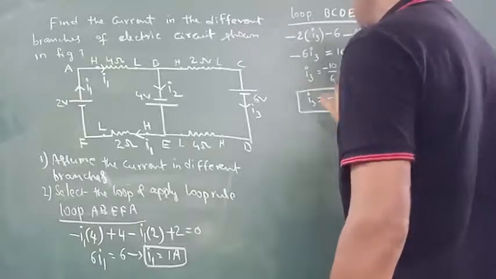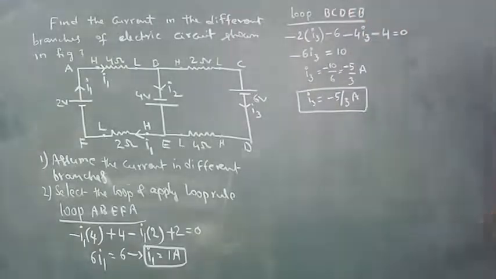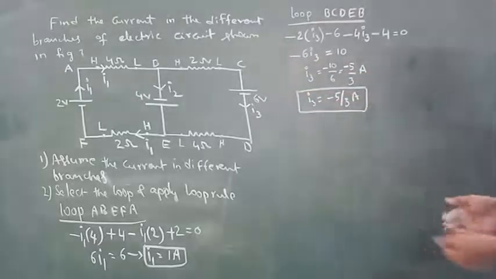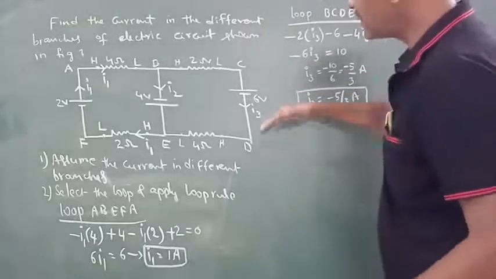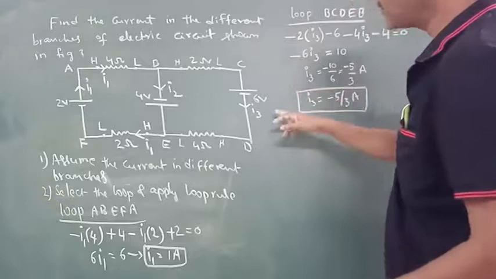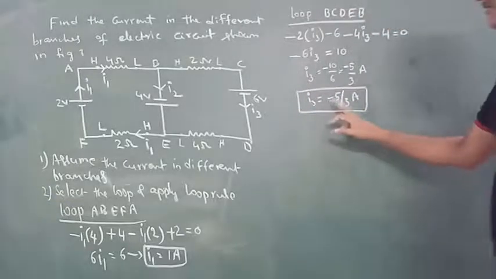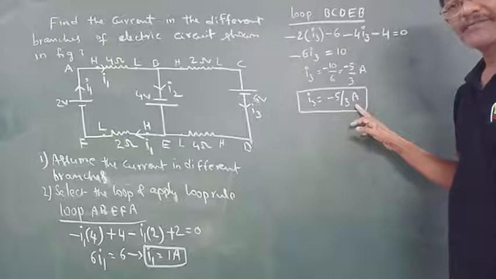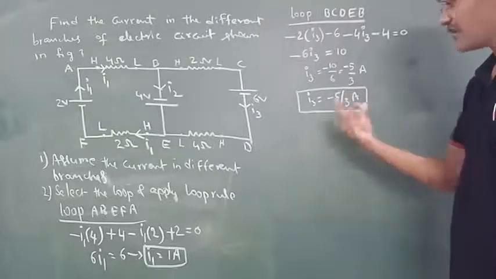So minus sign indicates that our assumed direction for I3 is wrong. That means in this circuit I3 is moving from D to C, not from C to D. Magnitude of I3 is correct, 5 by 3 ampere, but our assumed direction is wrong.